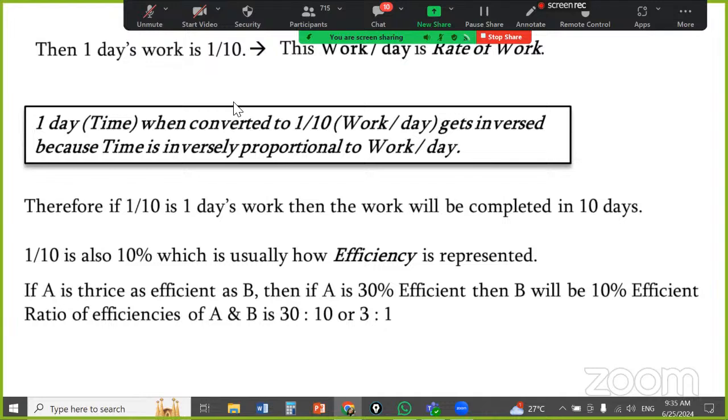Then to find his 1 day's work, we'll take the inverse of it. 1 by 10 is a general term we'll be using in all the questions you're going to solve today. So totally he takes 10 days to complete a work means 1 day's work for him will be 1 by 10. The inverse of it will be taken.